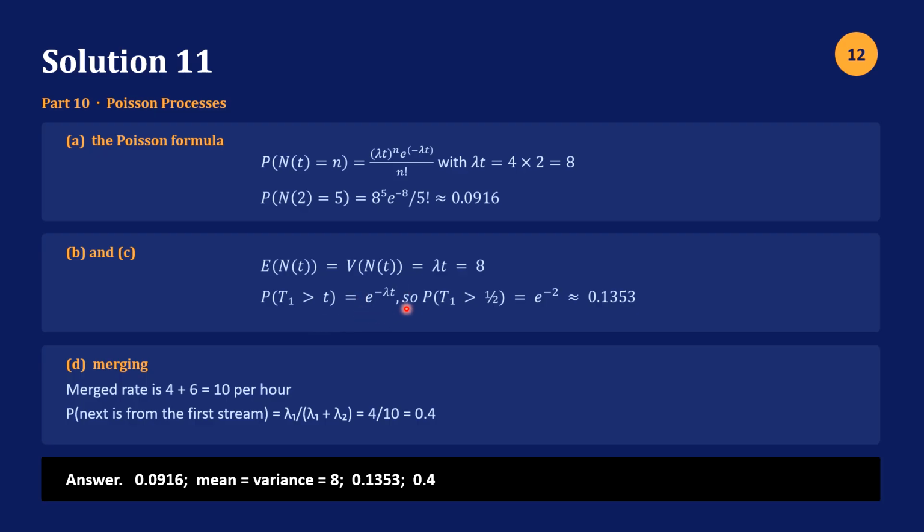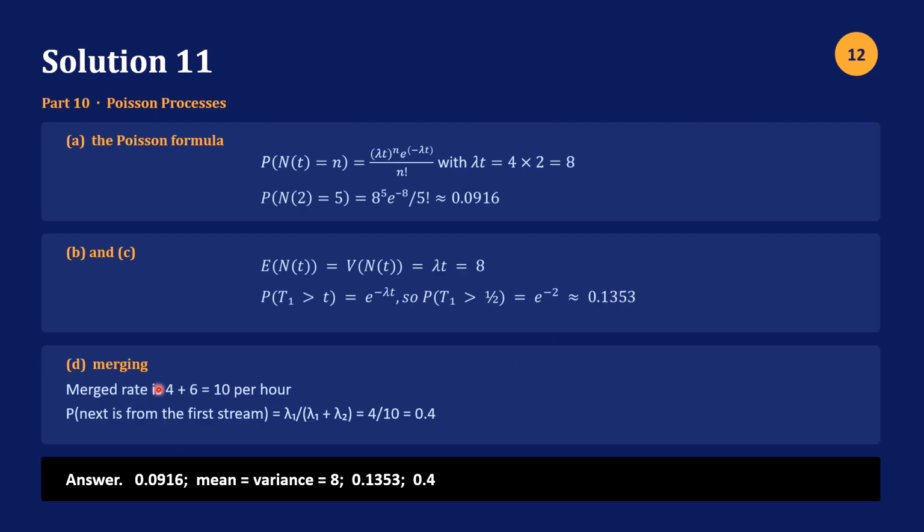So we have this formula, and we were looking for greater than 30 minutes. So we have to convert that to half an hour. And then we have to multiply by lambda, which is 4. So we get e to the minus 2. And that's 13.53%, or if you wanted the decimal, I have it written out this way.